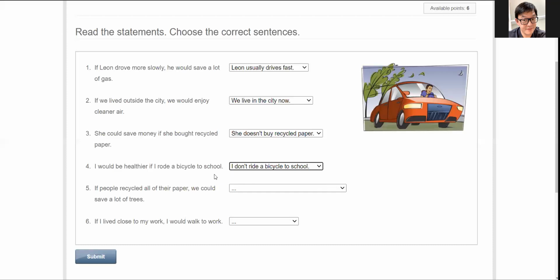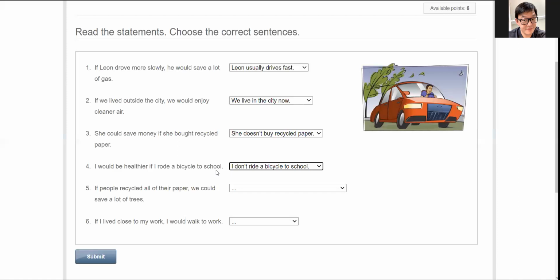The correct answer is letter A. Number 5.